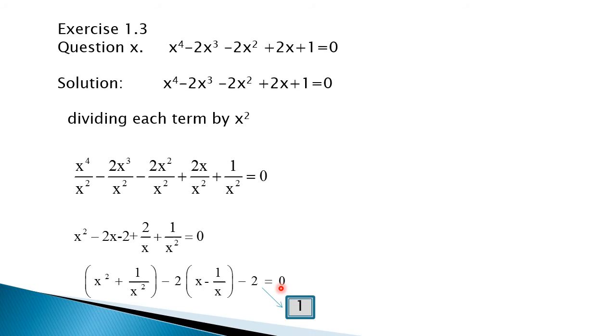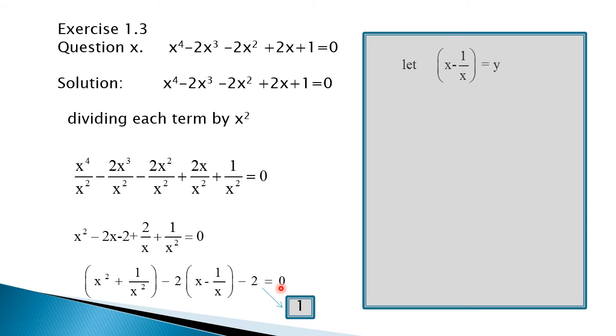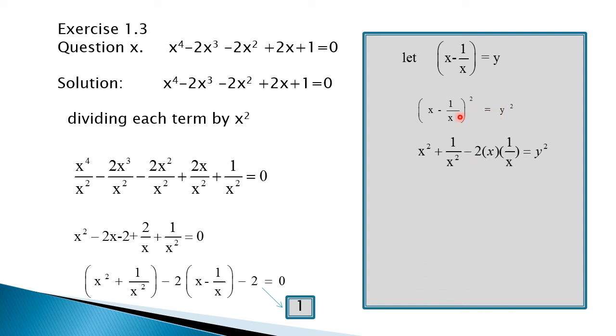Then in this equation number 1, let's say x - 1/x = y. Then after taking the square of both sides, the equation becomes (x - 1/x)² = y², and when we open the square, it becomes x² + 1/x² - 2·x·1/x = y².